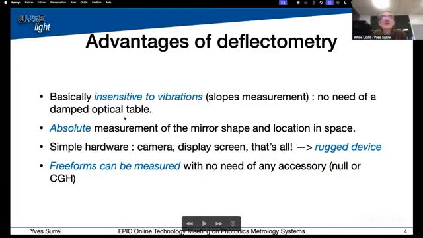You can use a regular office desk to make the measurements. As compared to interferometry, deflectometry enables absolute measurement of the shape of the reflected part, and also its location in space.